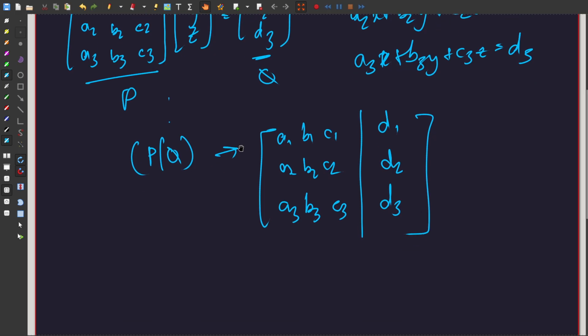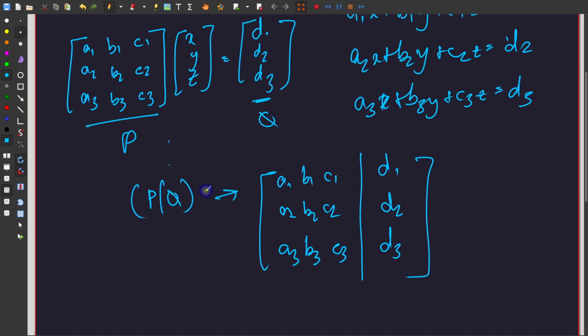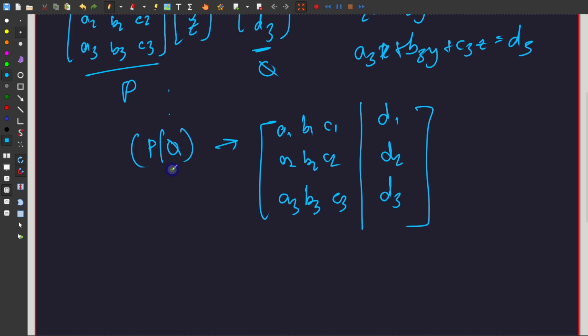This is the augmented matrix, and then generally you have three checks that you can perform, and then you would conclude whether or not you can actually solve for this particular set of variables. That is essentially the idea, right?